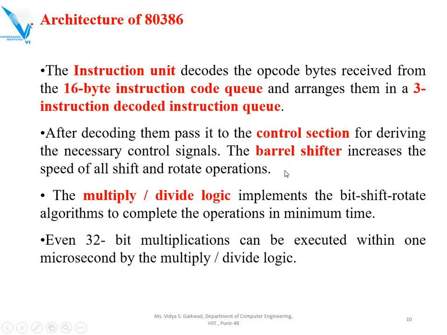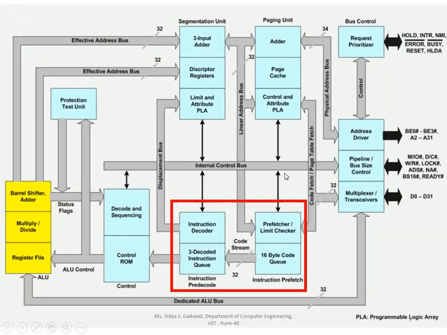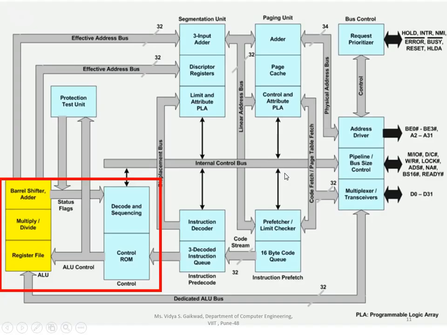After decoding, we put them into the 3 decoded instruction queue. Next, we pass them to the execution unit. In the execution unit, we have a control system and an arithmetic and logic unit.